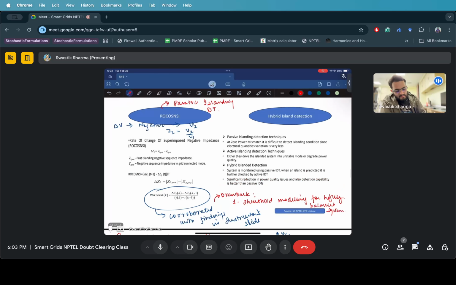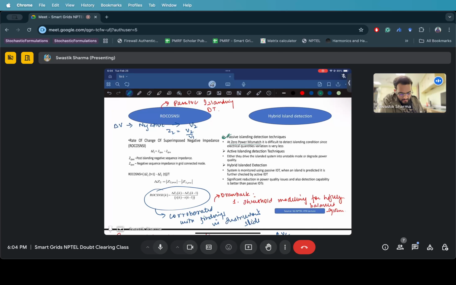So for this, we have come up with hybrid islanding detection techniques which combine the advantages of both passive and active islanding detection techniques. At zero power mismatch, when there is very little power mismatch, it is difficult to detect islanding conditions since the variation in electrical quantities is very small.